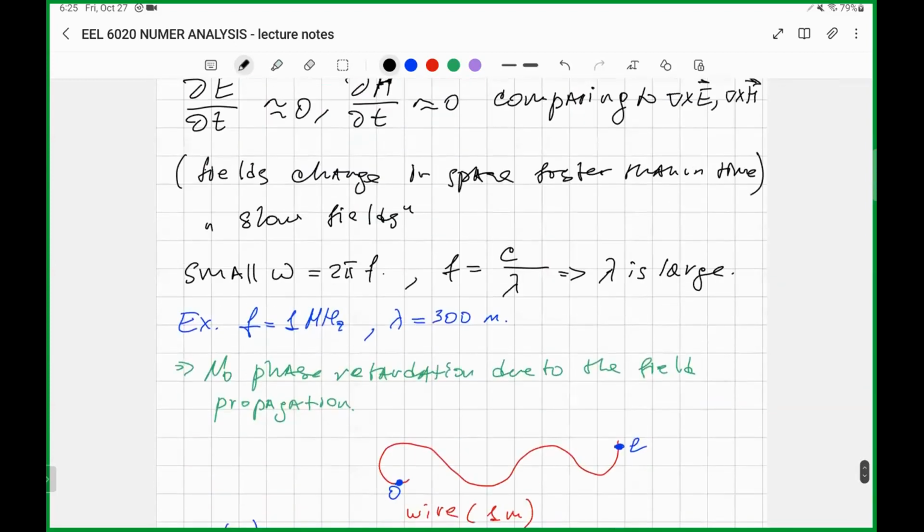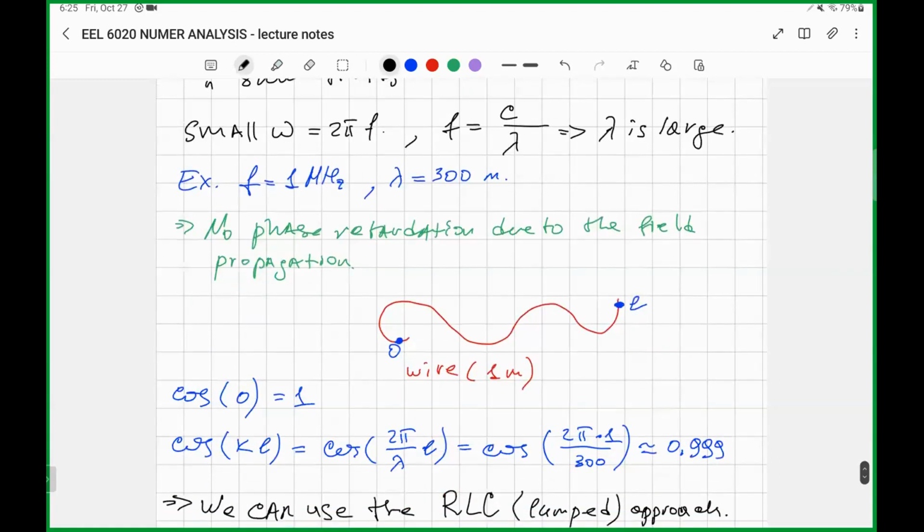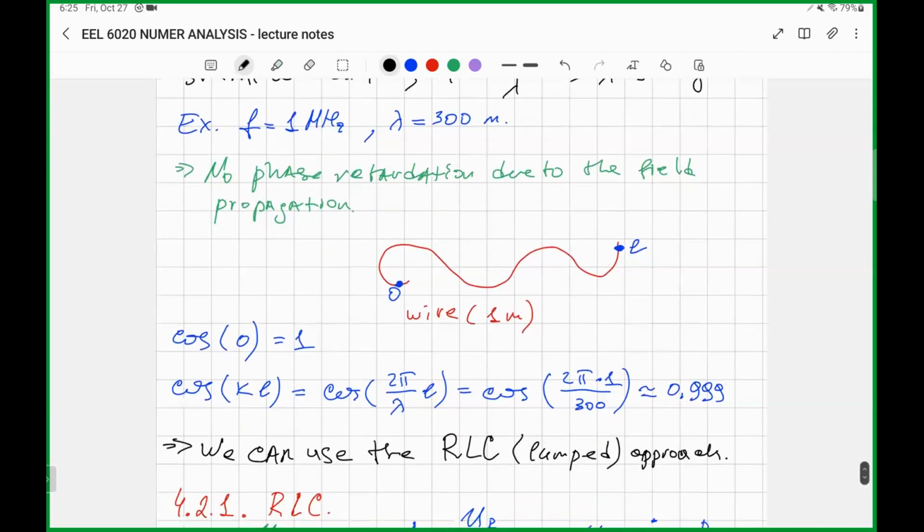about quasi-static fields. So the quasi-static fields, the fields with very large wavelengths, and this fact that the wavelength is very large means that we have no phase retardation for the wires, for the conductors, for the typical wires.